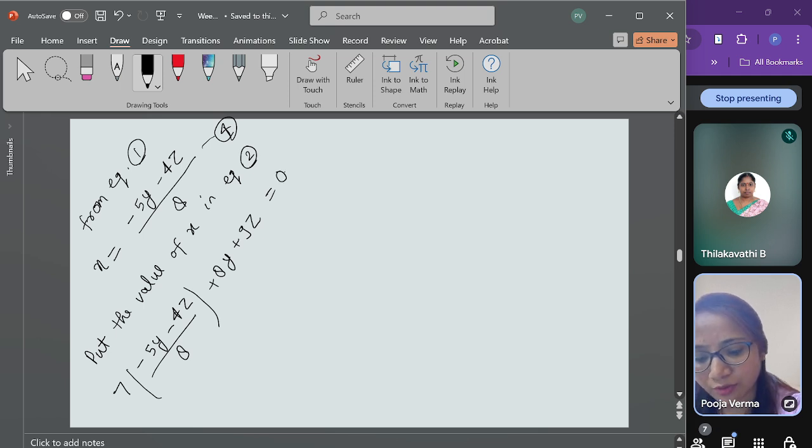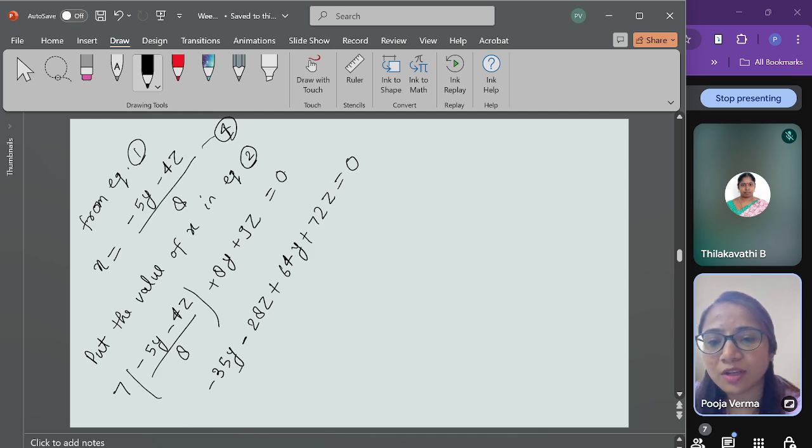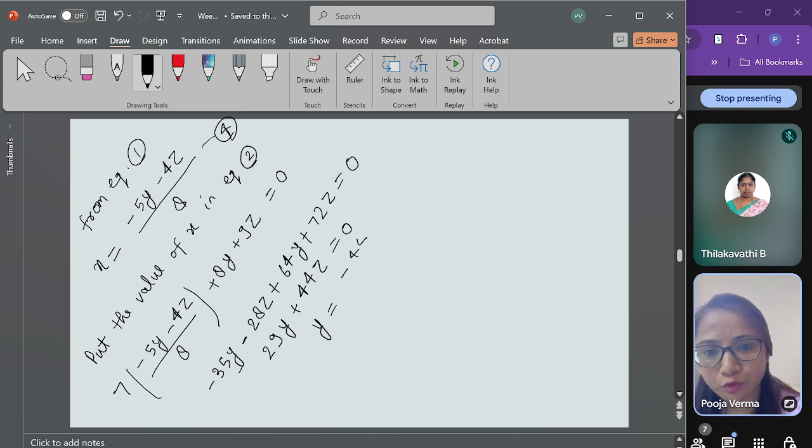If you calculate this, you will get minus 35y minus 28z plus 64y plus 72z equal to 0. Now add, because we have only y and z terms, and you will get 29y plus 44z equal to 0. Now you can take y in terms of z, so you will get y equal to minus 44z divided by 29. Let's say it is equation 5.